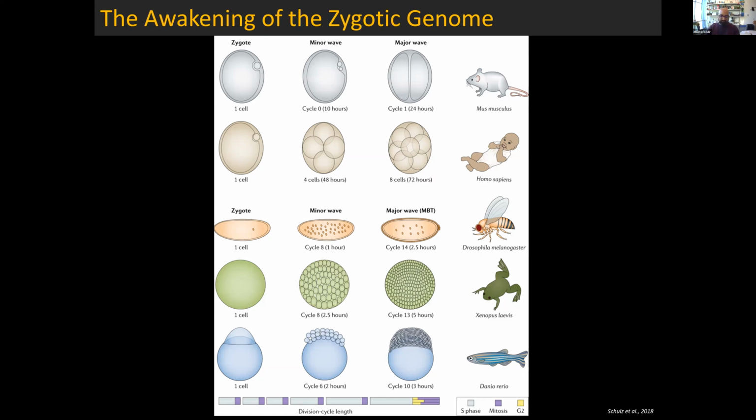And this process is conserved through all animals, although it happens at different timescales. Basically, as you proceed through early development, the maternally loaded products slowly activate the zygotic genome, and it begins to take over in this process of zygotic genome activation and prepares the embryo for independent life.